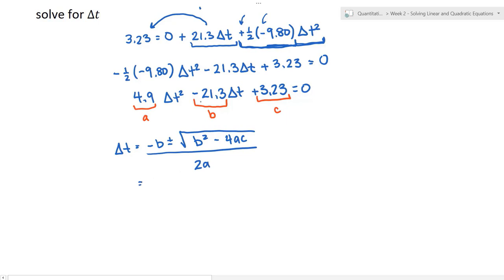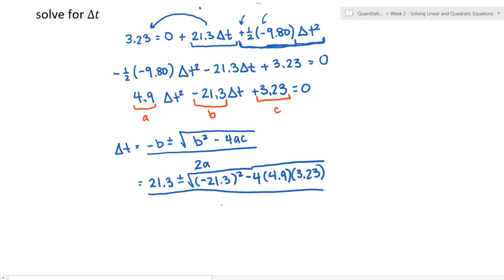So my negative b, the negative just means to change the sign of whatever the b was. So b is negative 21.3, so negative b is positive 21.3, plus or minus the square root. My b needs to be in brackets, squared minus 4, a is 4.9, and c is 3.23, all over 2 times a, which is 4.9. Okay, so now I'm going to type this into my calculator. I'm going to type it out twice, once with a plus and once with a minus.